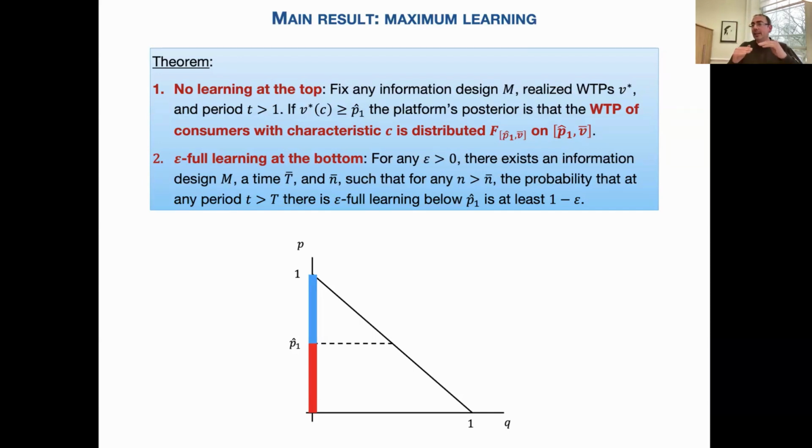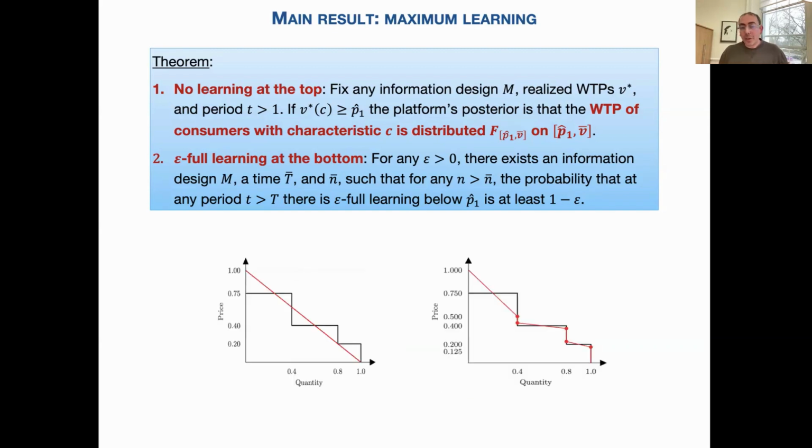So the result here is very different. If your valuation is below the uniform optimal price, then the platform can construct an information design to learn essentially what your value is. However, if your value is above the uniform price, then the platform will only learn that your value is above the uniform price.